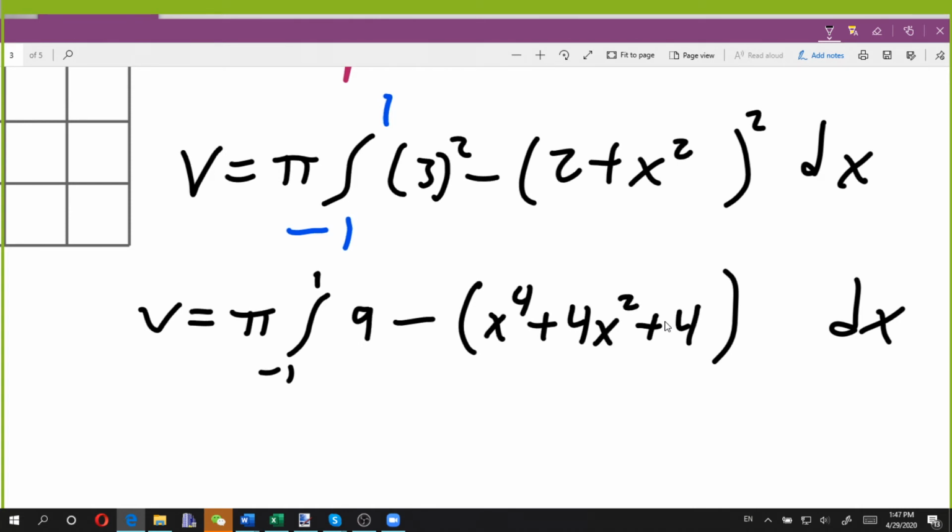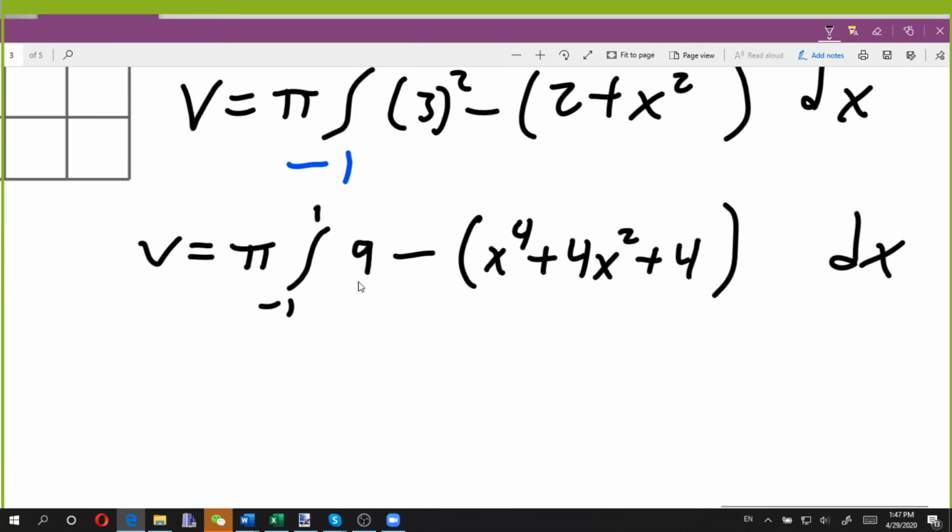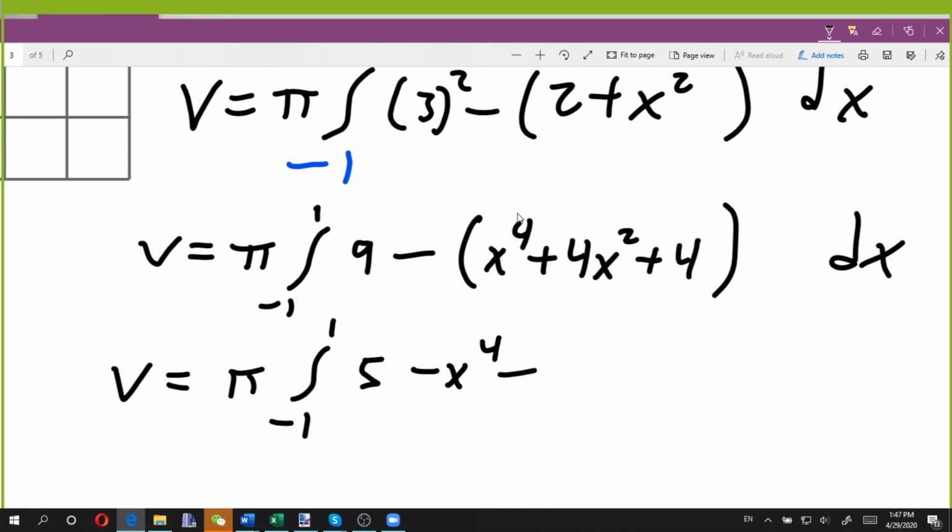Okay, that's perfect. And I'm going to subtract that from 9. So that leaves us with pi. Combine like terms. So I've got 9 minus 4 is 5, minus x to the 4th minus 4x squared. I'm going to go ahead and move the 5 over to the other side. Times dx.